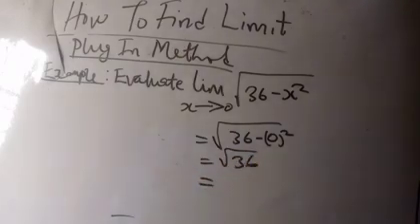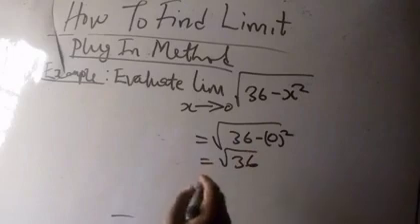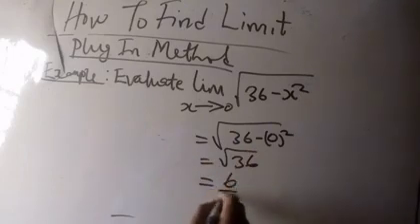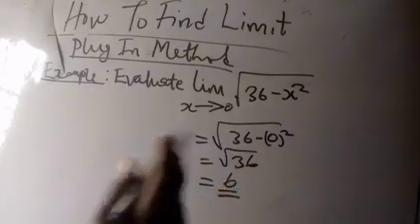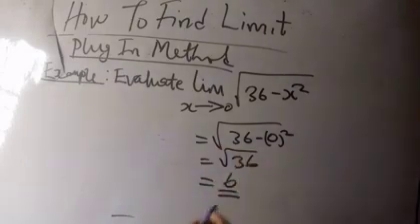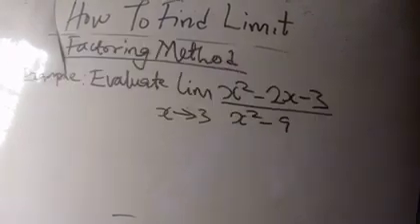The square root of 36 is 6. So we can use substitution.